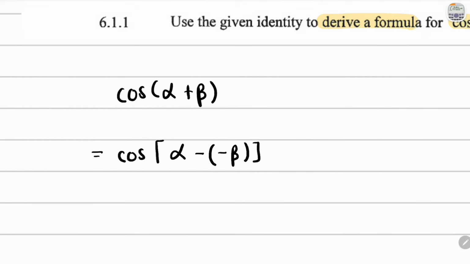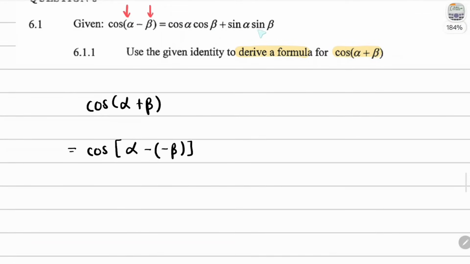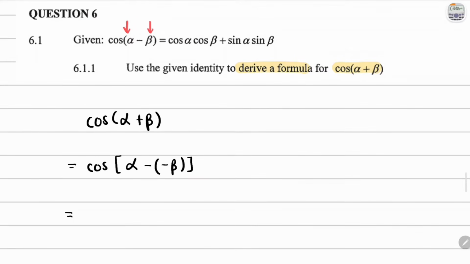Okay, so this is what we have. And now we're going to use the rule accordingly. So this is equal to, just like this was equal to cos of alpha minus beta, cos of your first angle minus your second angle is equal to cos of that first angle. So we'll also follow that, cos of the first angle multiplied by cos of the second angle. And the second angle here was beta, but our second angle here is negative beta. Again, it's the same idea, cos of a first angle minus a second angle.